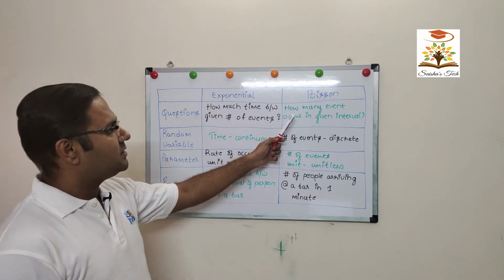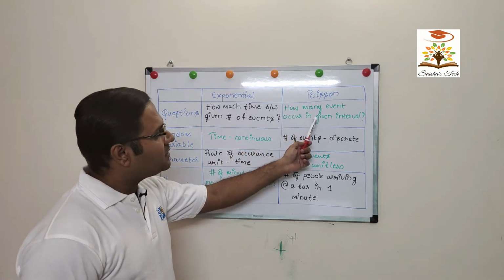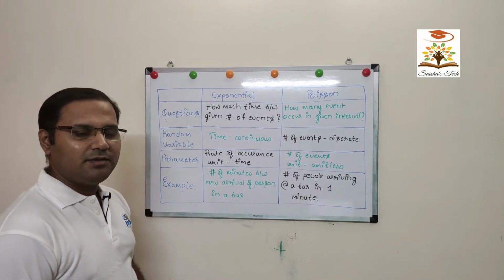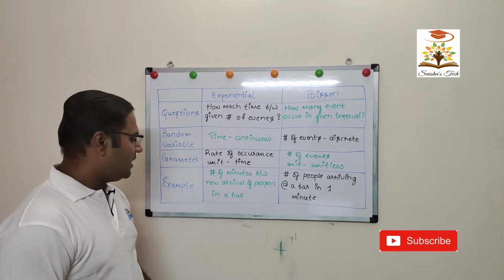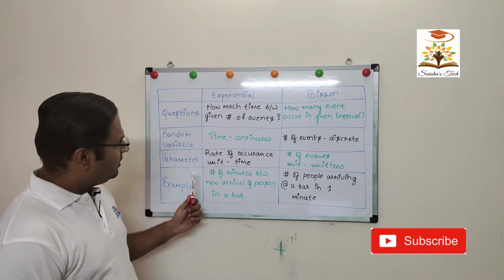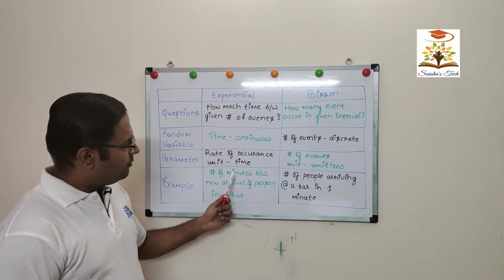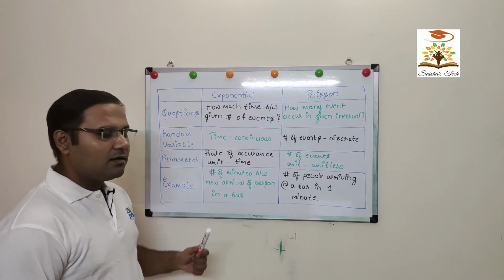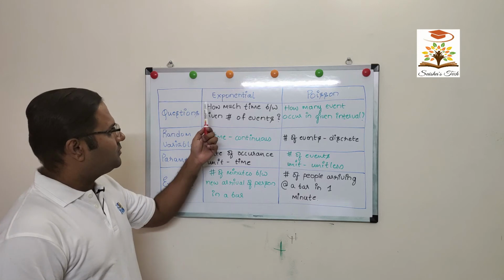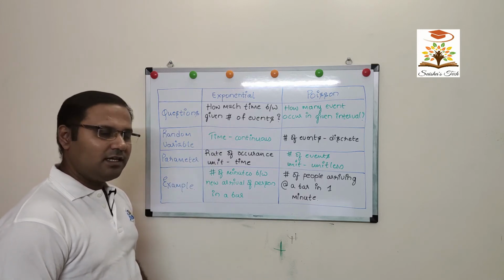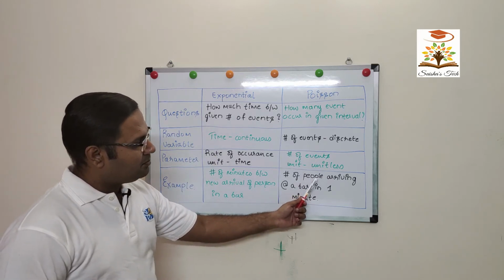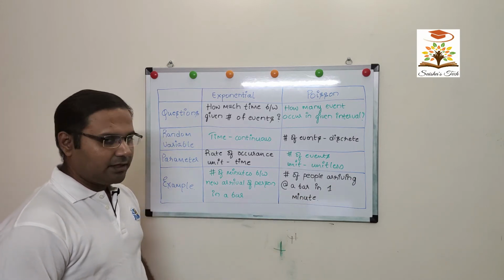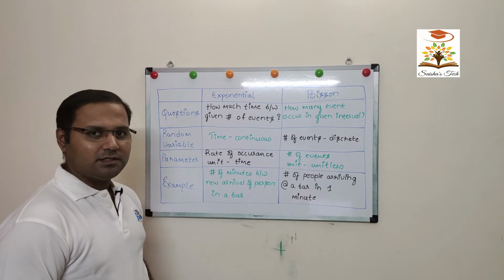Similarly, Poisson's distribution tells how many events occur in a given interval. This can be clearly understood using an example: the number of minutes between new arrivals of a person at a bar is exponential distribution. Similarly, the number of people arriving at a bar in 1 minute of time is Poisson's distribution.